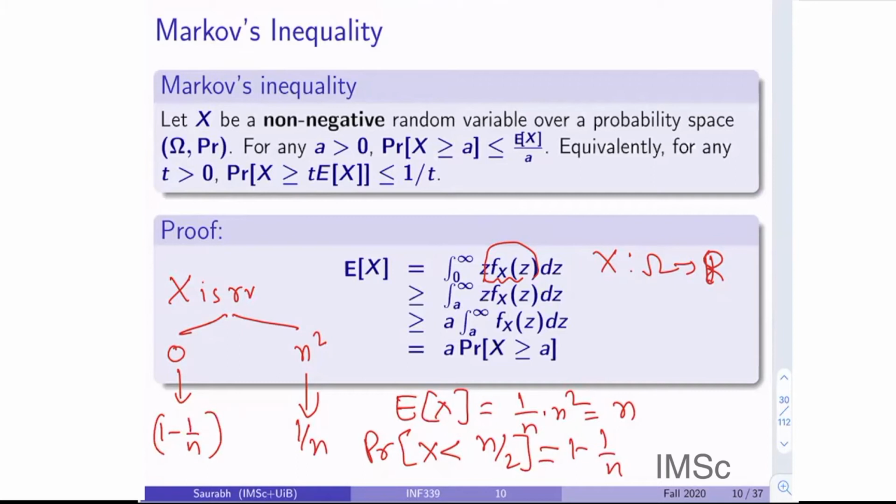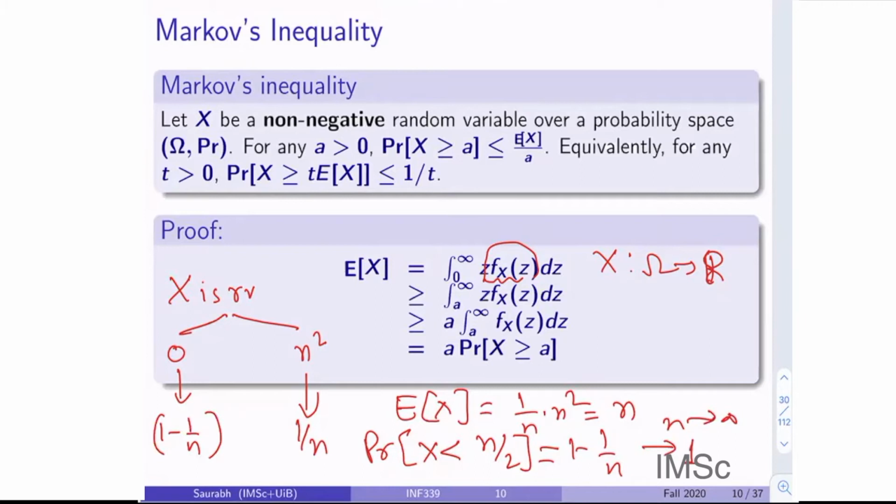Agreed? Which is 1 minus 1 by n. Now, as n tends to infinity, this will tend to 1.